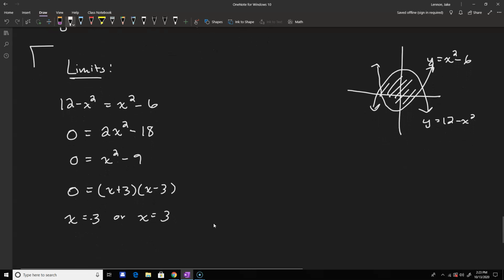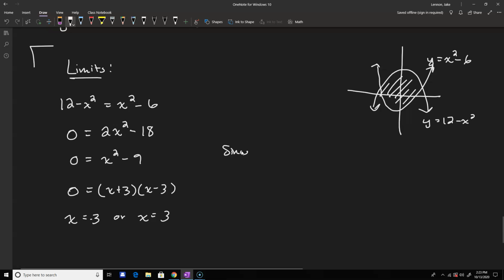Notice the graph is symmetrical, and since we're dealing with polynomials here, often it's easier to use 0 when we can. So let's make a comment here.